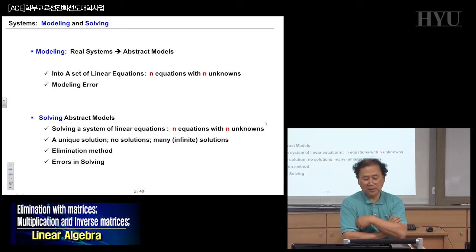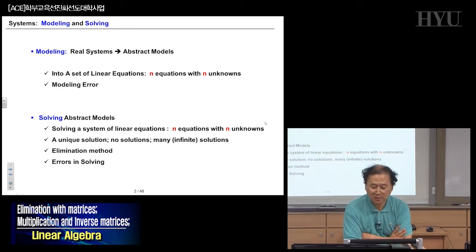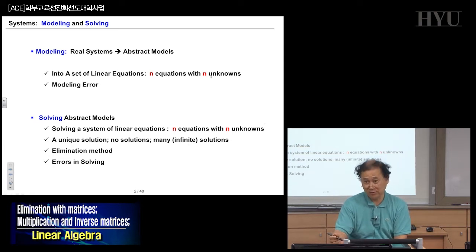So you can model with some linear systems. Here, a linear system means n equations and n unknowns. But for certain problems, you may model differently. In high school and also in college, you are learning calculus, right?